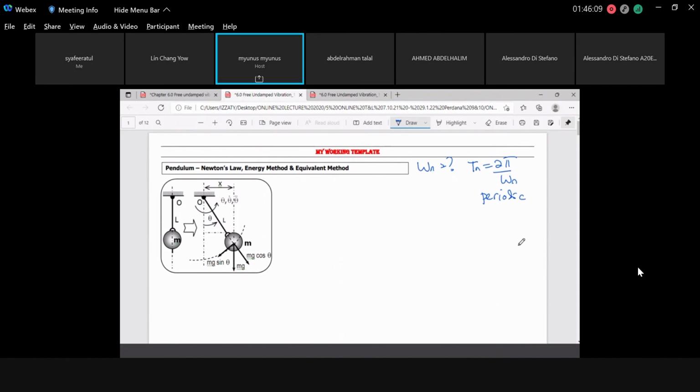Omega n is in radian per second. Is this correct or not? The period T is in seconds. So if you multiply radian per second by second, yes, correct.